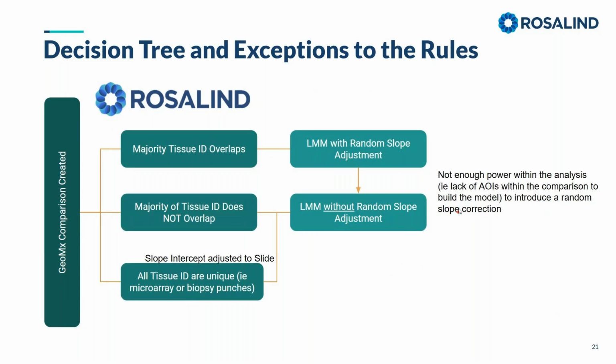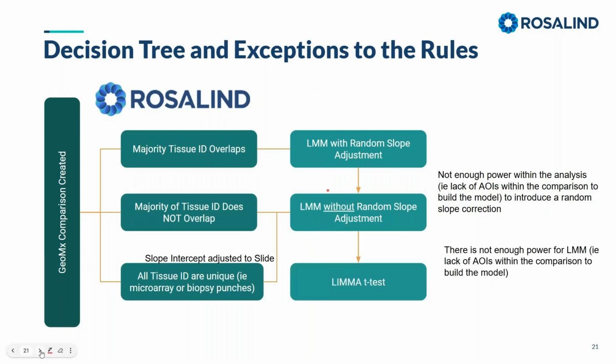So a lot of these things within GeoMx data can actually cause the model not to fit, and this will lead us to refit your model without random slope. The same situation can occur with the linear mixed model without random slope. So if you still don't have enough power in this fit, we will then run limma.